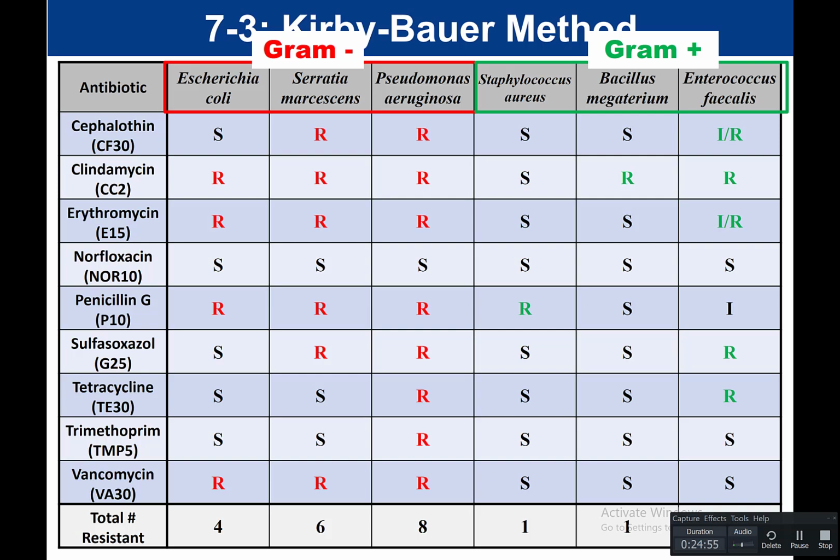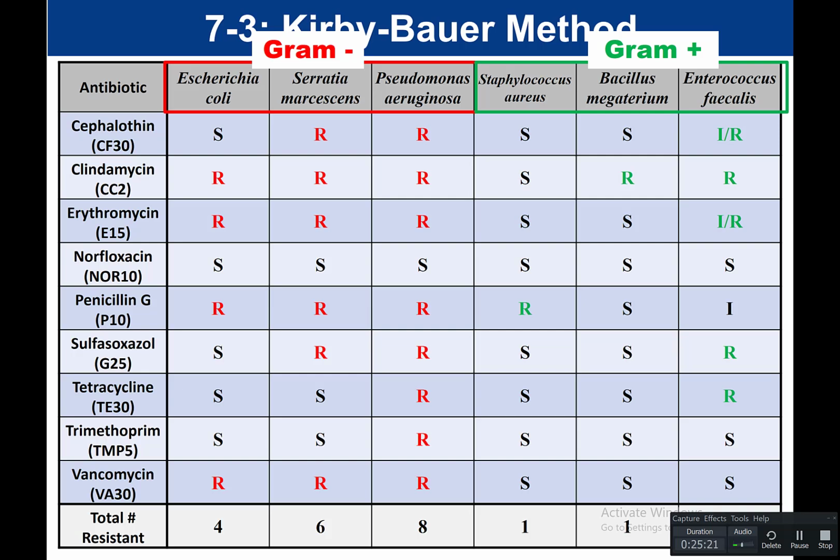So what that allows us to do is compare between gram-negative and gram-positive bacteria so that we can see, is a drug only effective against one type of bacteria, or is it effective against a broad range of different organisms? And so that's why these were chosen.